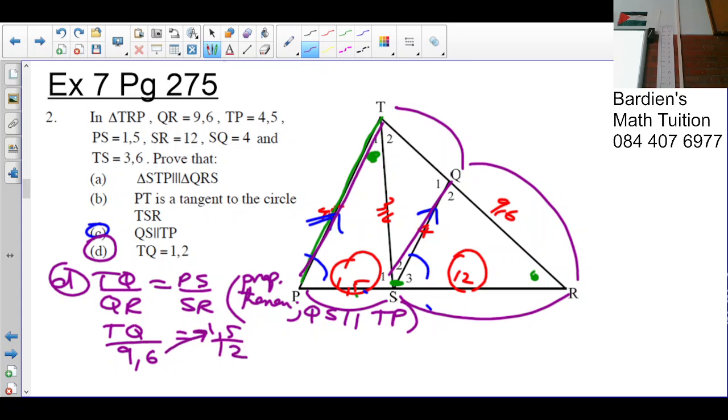So therefore TQ is equal to, on your calculators, 1.5 times 9.6 divided by 12. 1.2. Right. So there we go, 1.2.